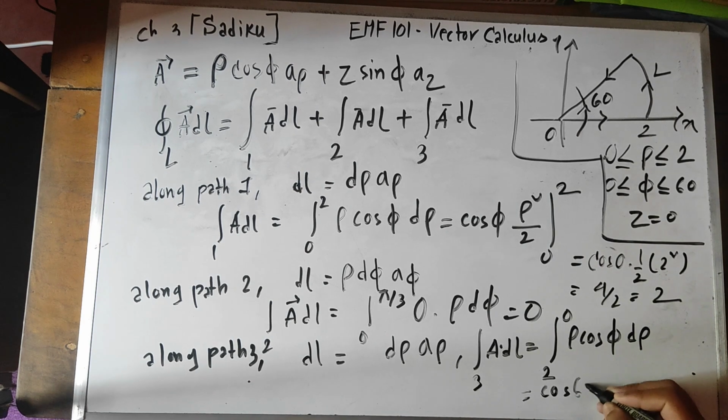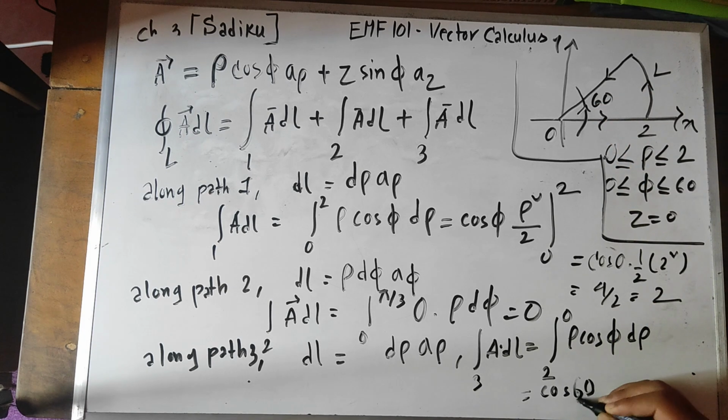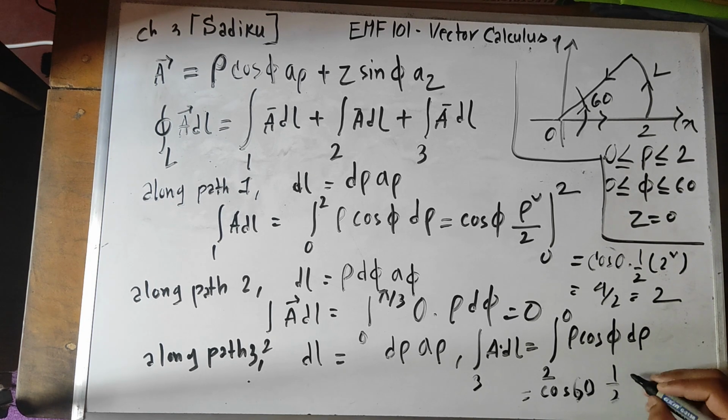Here φ is 60 degrees, so cos 60 is a half, and with ρ²/2 from 2 to 0, this gives us −1.